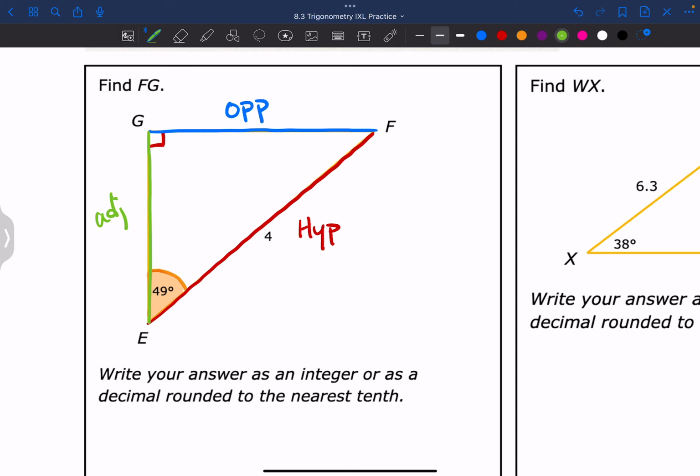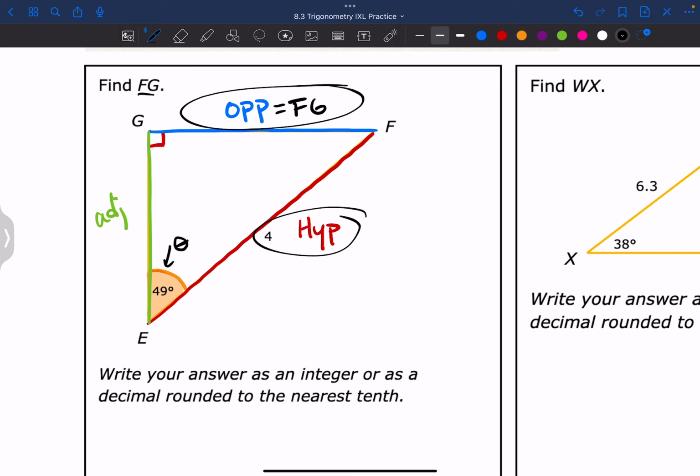Now what I like to do is circle what information I'm given and what information I'm looking for. Remember, I'm looking for FG. This is FG right here. So I'm looking for that side length. What side length am I given? The hypotenuse, which is 4. The information I'm given, angle E, my theta, is 49.